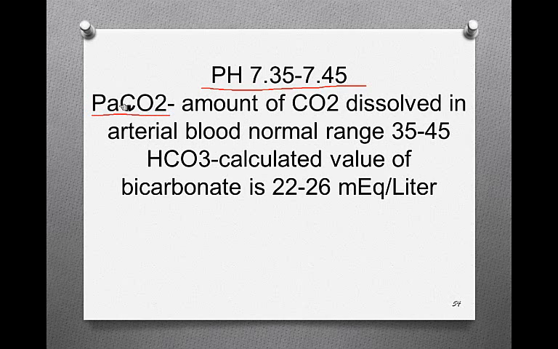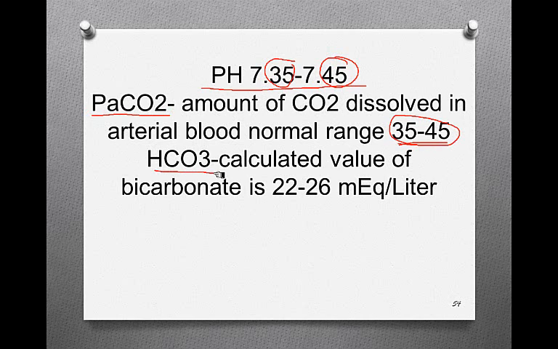This is arterial CO2, and the normal range is 35 to 45. You can probably remember that if you remember the normal pH, 7.35 to 7.45. Just take those last numbers and remember the CO2 range is 35 to 45.